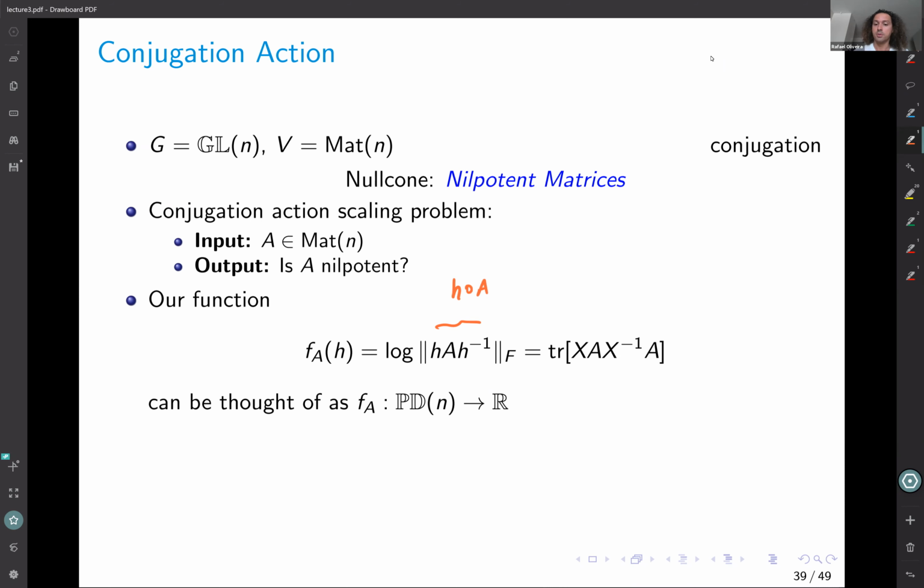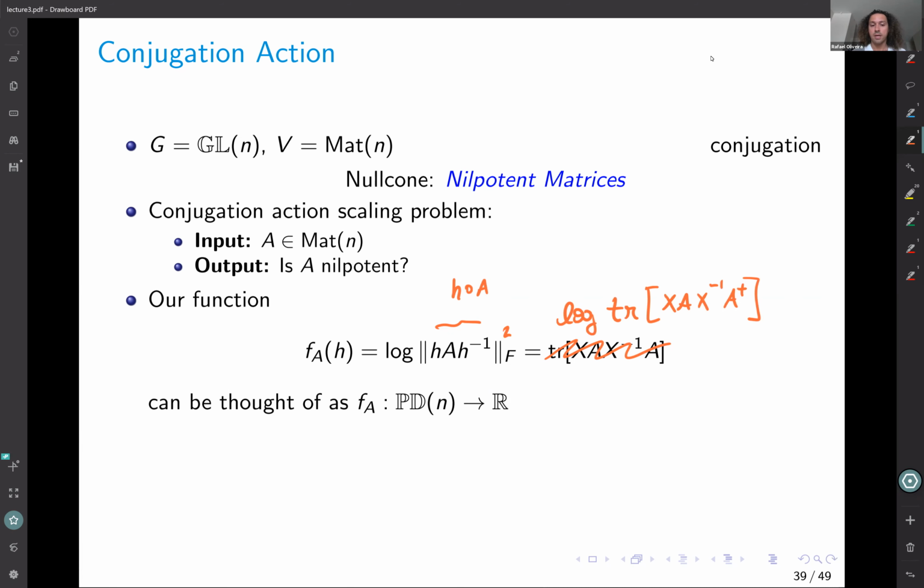Oh, sorry, I need a log of the trace. Let me correct myself here. So let's say we have a square here. We have the logarithm of the trace of X A X inverse A, right? Here we do need to have actually a transpose.